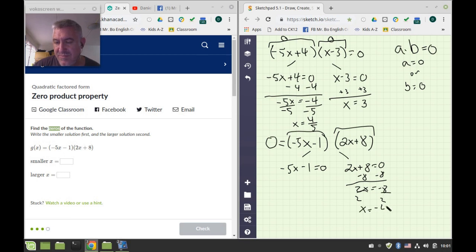X is equal to negative 4. X is equal to negative 1/5, and it wants the smaller one on top. Which one is smaller?